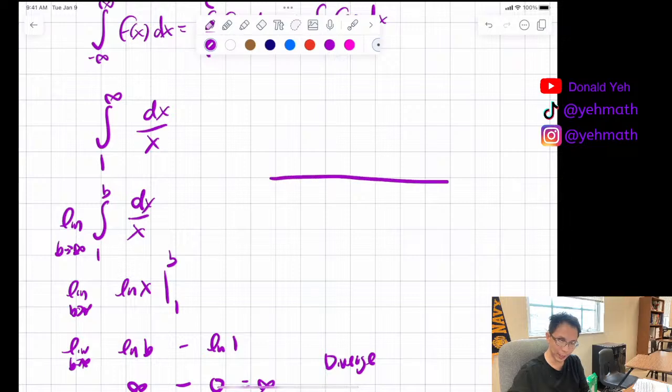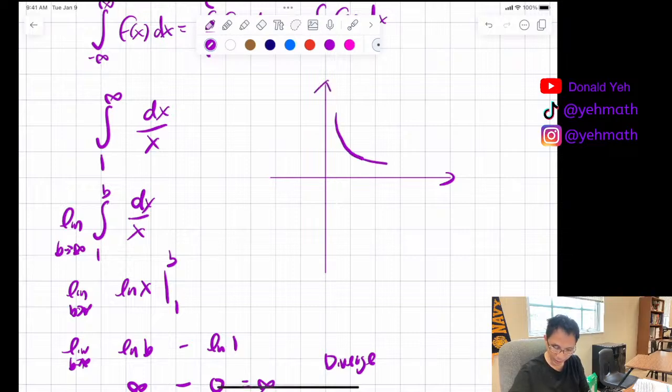If you have a graph of 1 over x, even though it gets low, the opening is way too wide for it to converge to one value. But if you have 1 over x to the 1.01, it's going to converge, because you no longer have a natural log, you have something else.